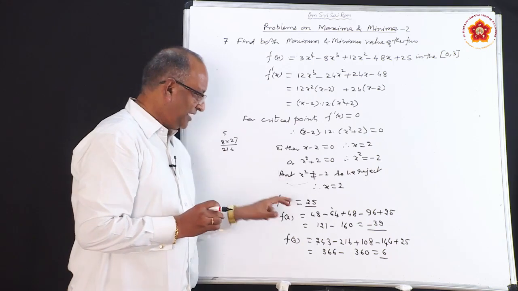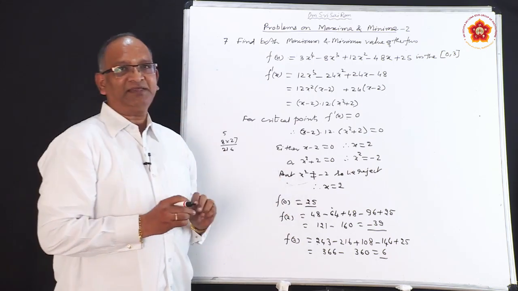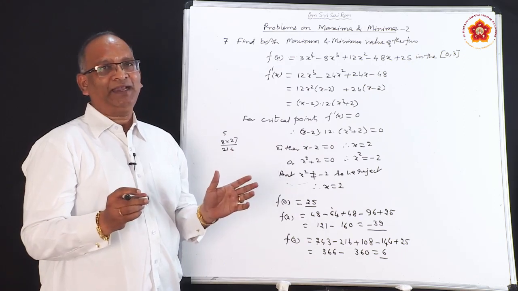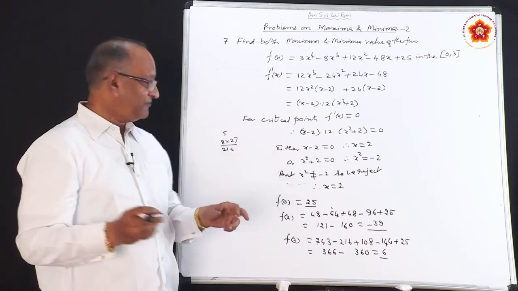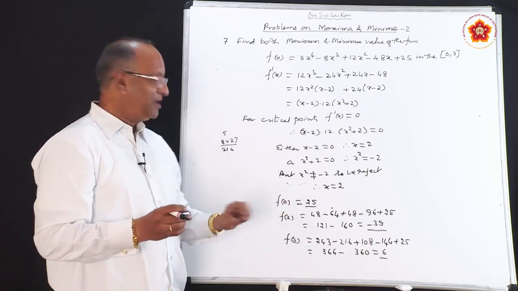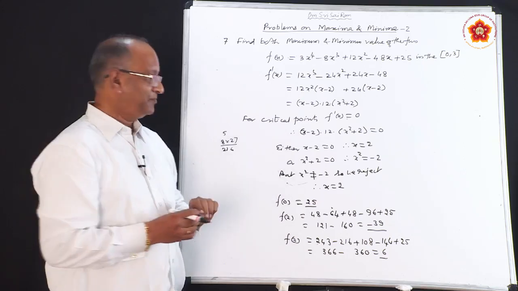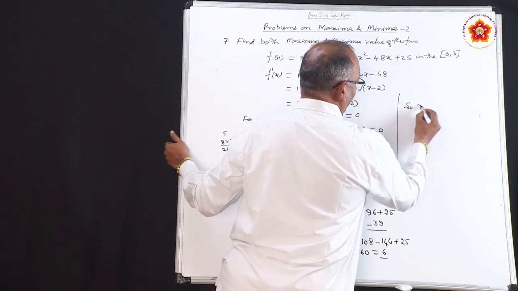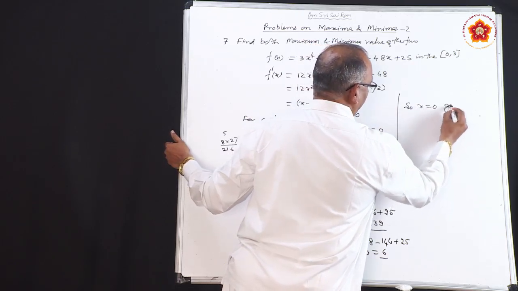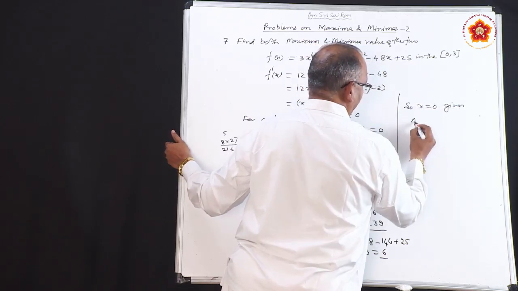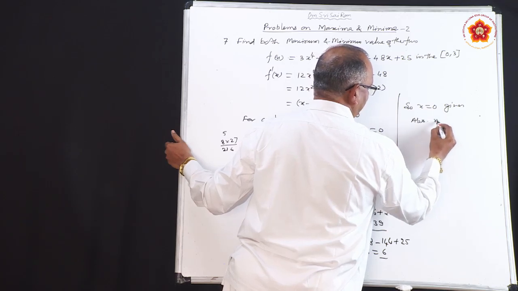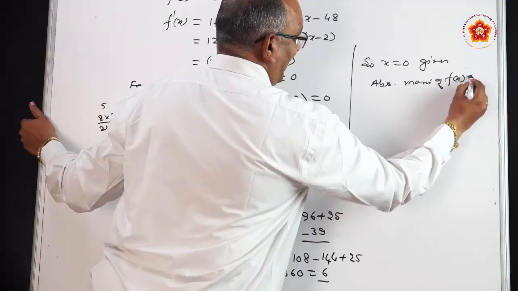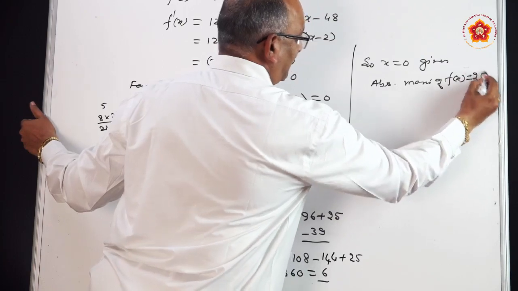Among the positive values we can see that 25 is the highest. So, the maximum value or in other terms absolute maxima of the function is 25 when x is 0. This we will write in conclusion. So, x equal to 0 gives absolute maxima of f(x) as 25.